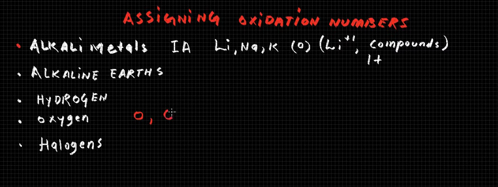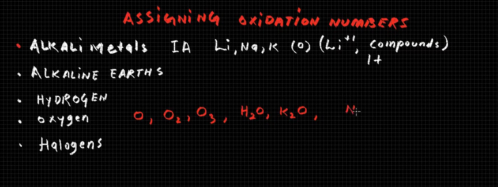Again, oxygen may be present in the form of oxygen atom, in the form of its homonuclear molecules like oxygen and ozone. It may be present with frequent elements of the periodic table to form compounds like, say, water, like for example oxides, and oxygen may also be present in peroxides and superoxides.